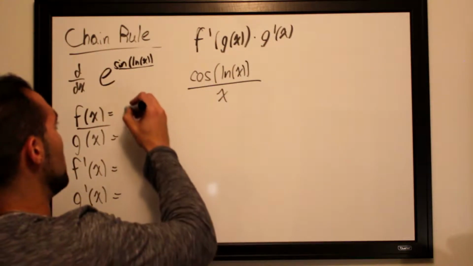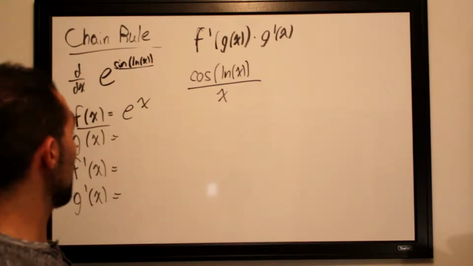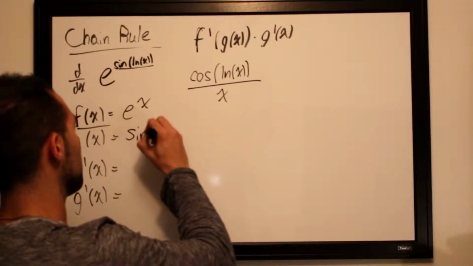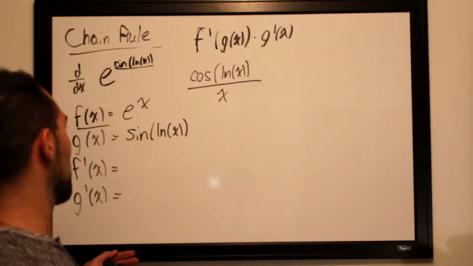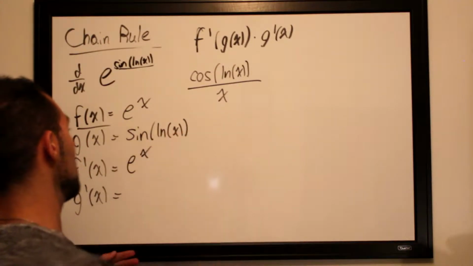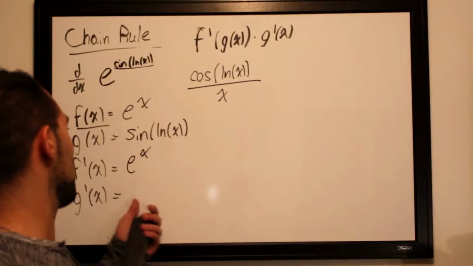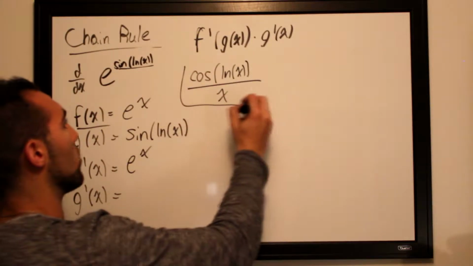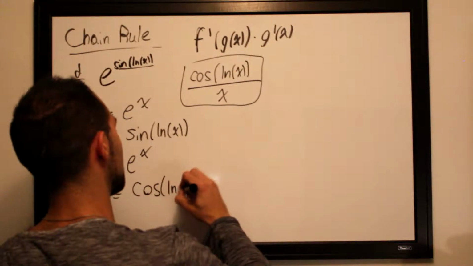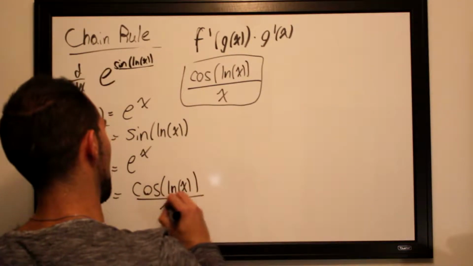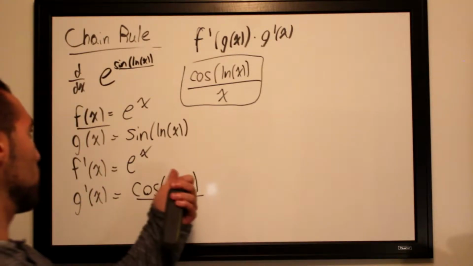So our f of x will be e to the x. Our g of x will be sine of ln of x. And our f prime of x, the derivative of e to the x, does not change. It's e to the x. And our g prime of x is what we wrote out right over here, which is cosine of ln of x over x.